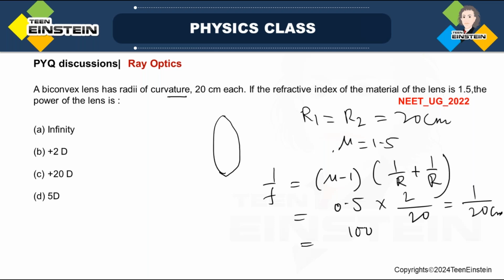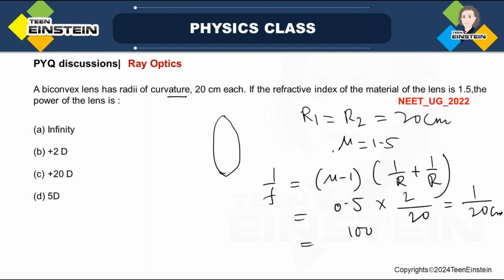So this will be in diopter. Five diopter. This was so simple, unless you understand that the unit is different, that you have to convert by multiplying by 100.